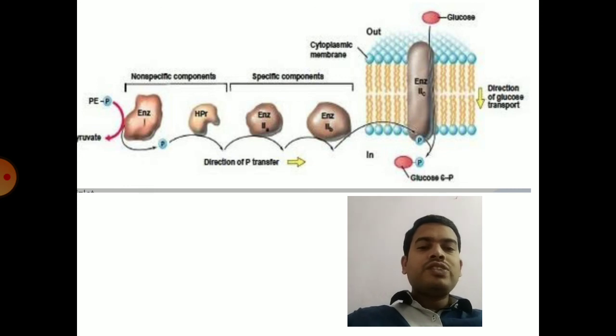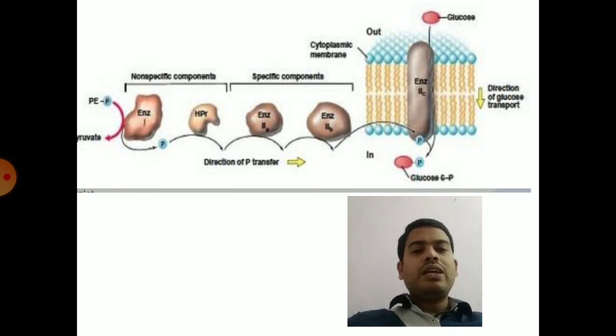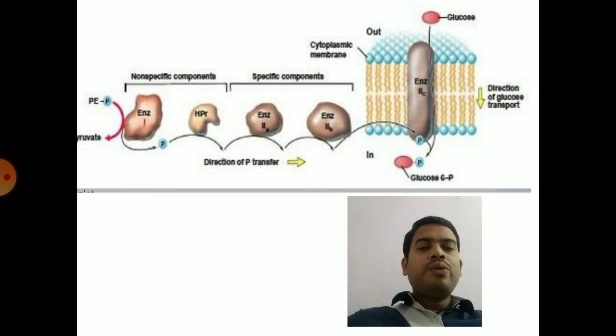This phosphorylation is done with the help of group translocation, where PEP plays an important role in phosphate donation, and a group of proteins carry the phosphate and finally transfer it onto the transporter protein, which finally transfers the phosphate onto glucose, converting it into glucose 6-phosphate. So now the glucose which entered into the cell is converted into glucose 6-phosphate with the help of the transporter protein present on the plasma membrane, and this glucose 6-phosphate is utilized in metabolism.